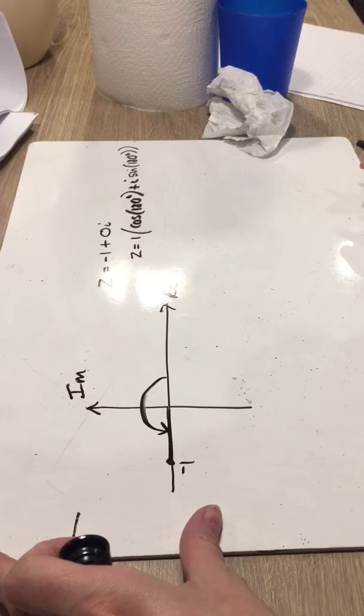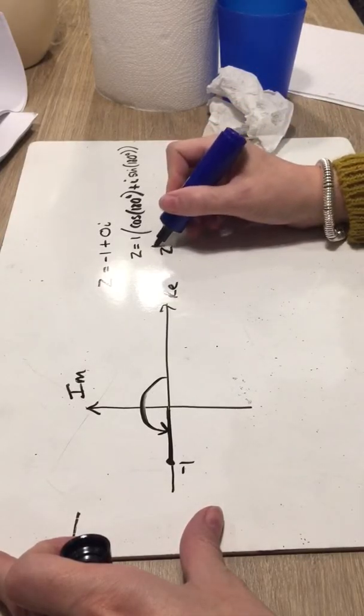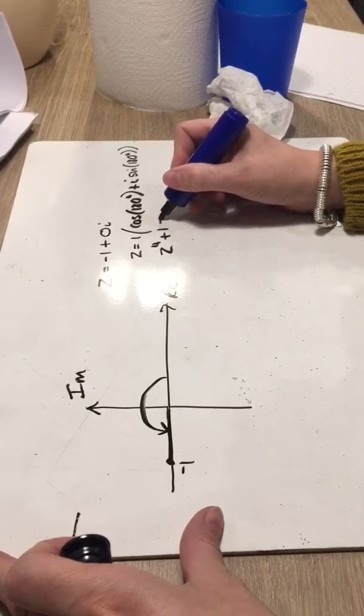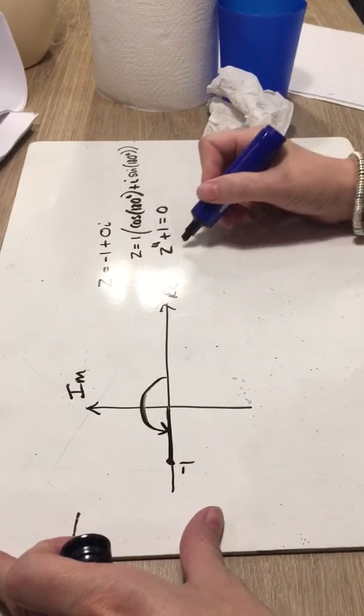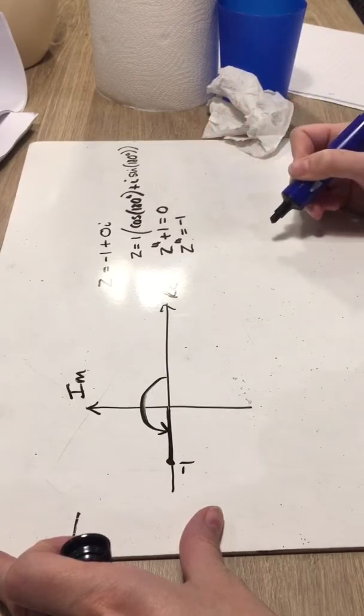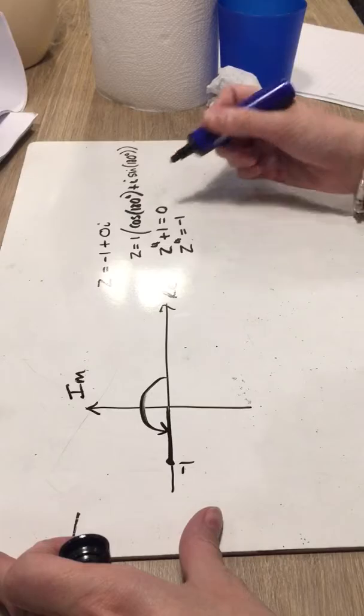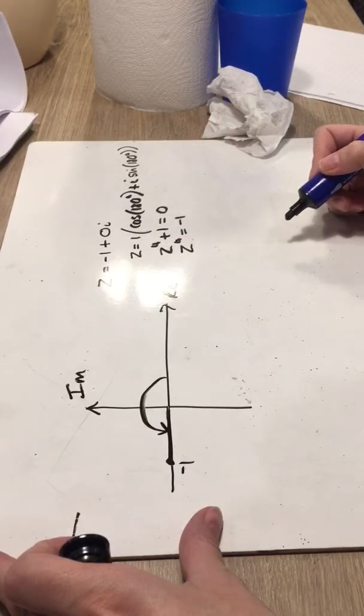Okay, it then says, hence determine the solutions to the equation z to the 4 plus 1 equals 0. So if z to the 4 plus 1 equals 0, that means z to the 4 equals -1. Okay, so -1 is the z that we've just already had.